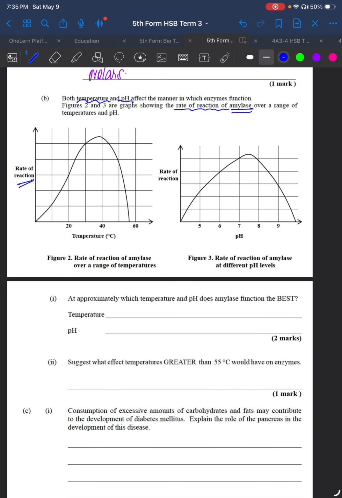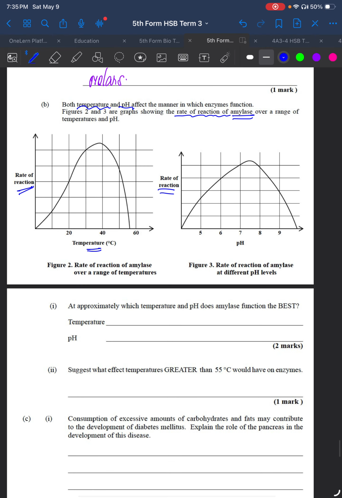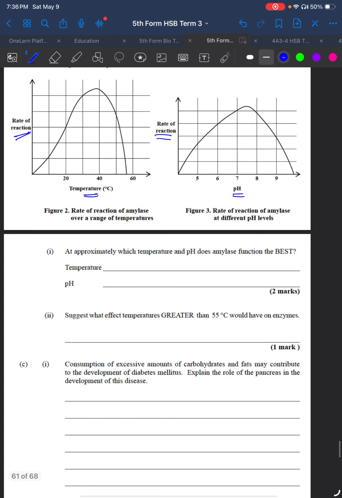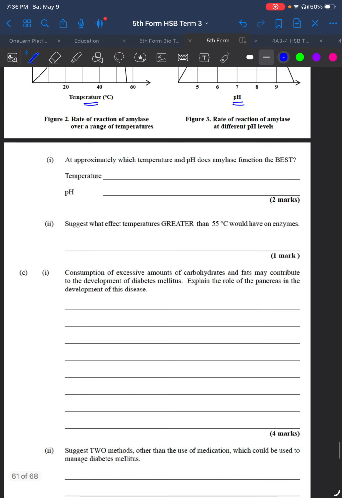This says rate of reaction on the Y. On the X, it says temperature for one, and it has a bell curve going up, and a similar curve on the other one with rate of reaction on the Y and pH on the X. We see that it has a peak for temperature at around 37 and then a peak for pH around maybe 7.5 or so.